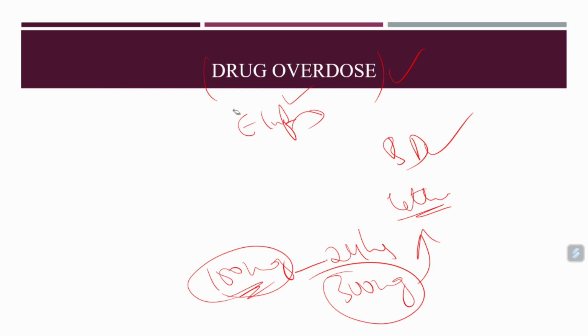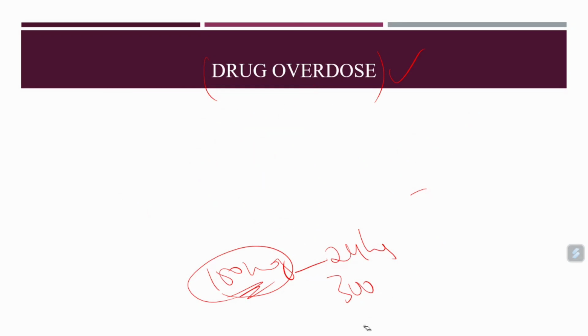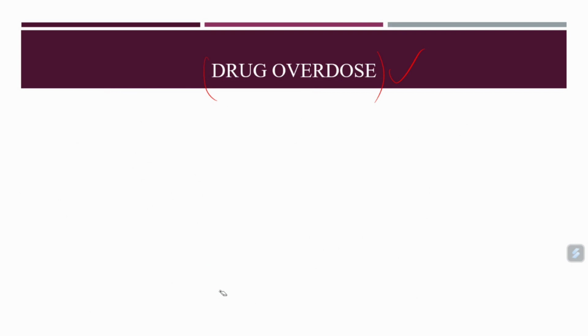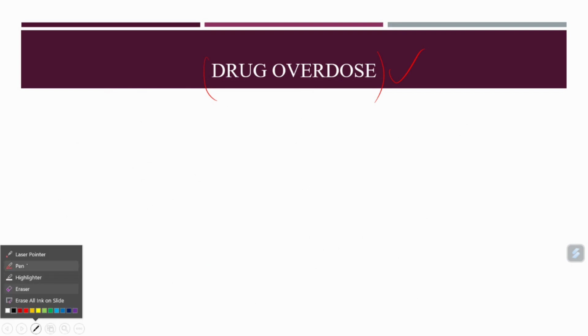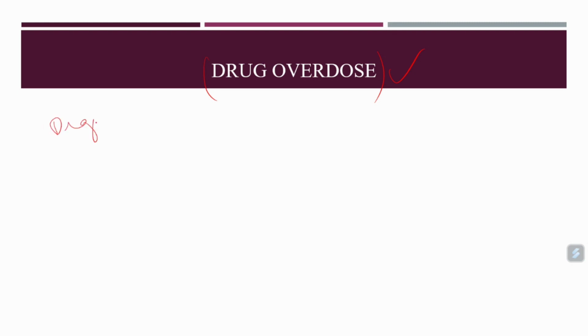There are many other lethal drugs. We have very toxic drugs. A small alteration in the dose can cause toxicity, starting from digoxin. We have caffeine, methylxanthines, caffeine, theophylline, theobromine, and all. Even they have a risk of overdose.